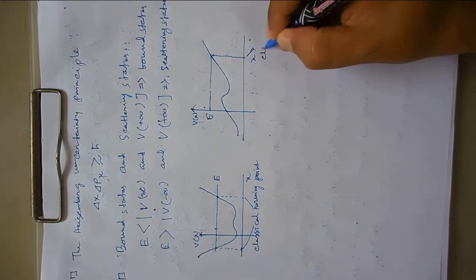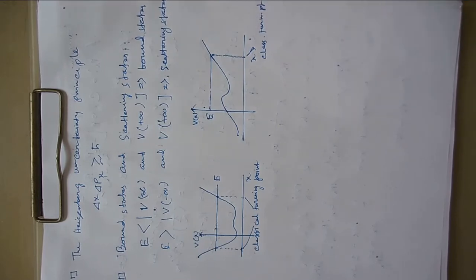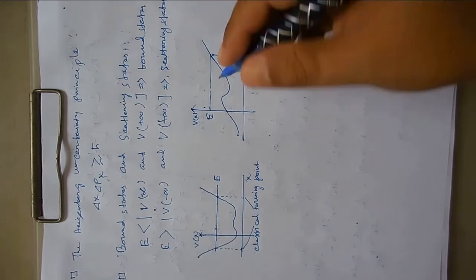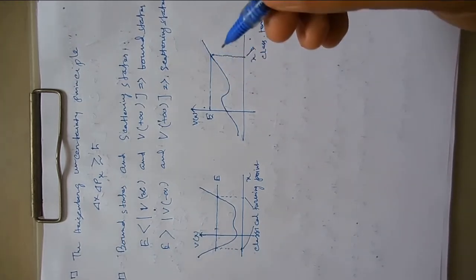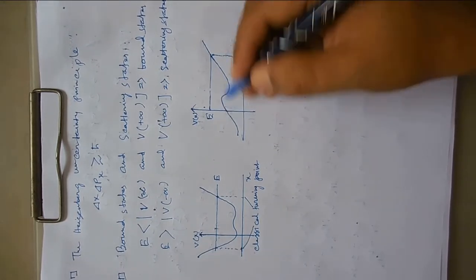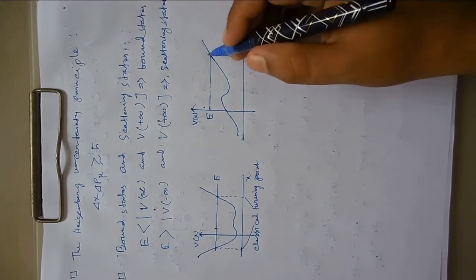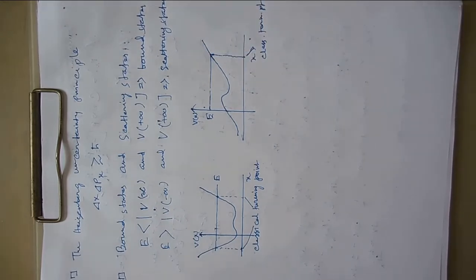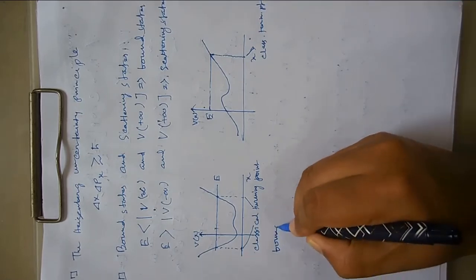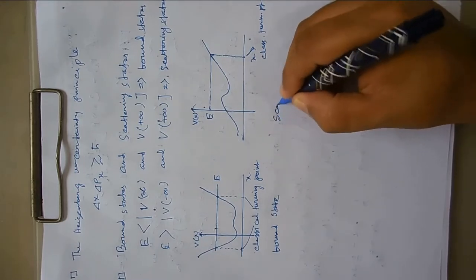This is the classical turning point for this case. Here you can see that the particle can easily travel through this path, but cannot travel through this path because of the total energy. So this is the turning point. This is the bound state, while this is the scattering state.